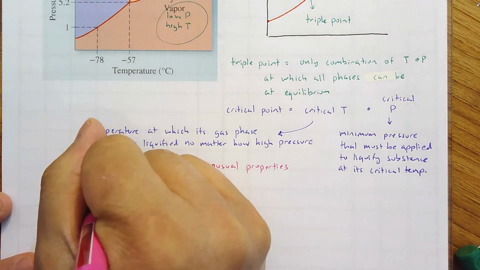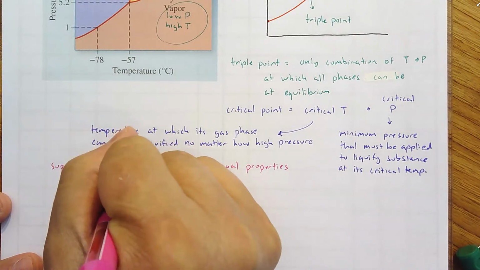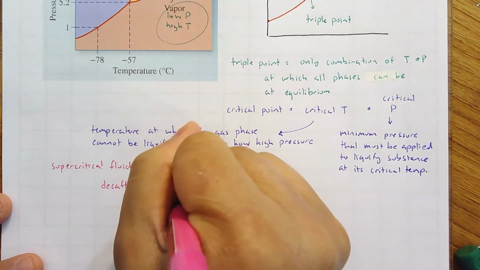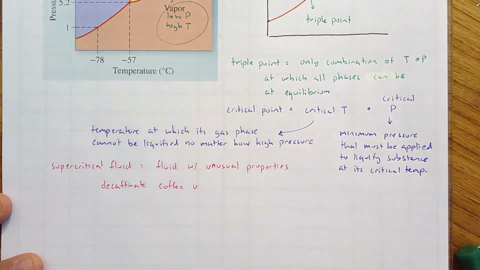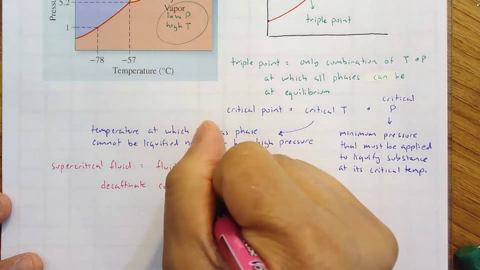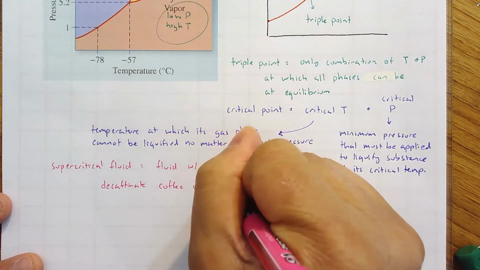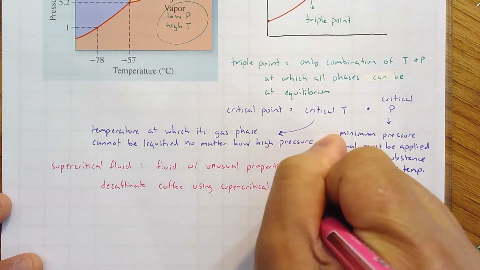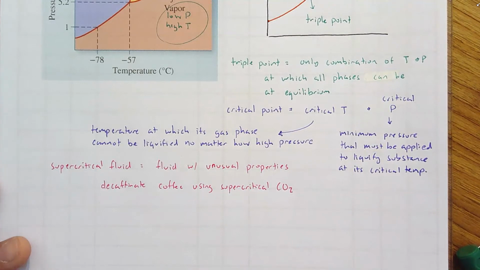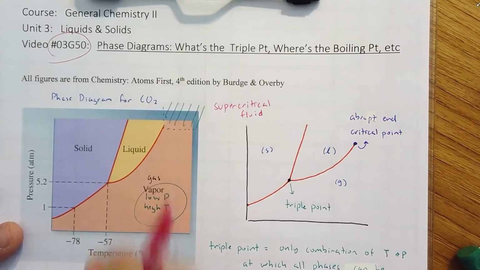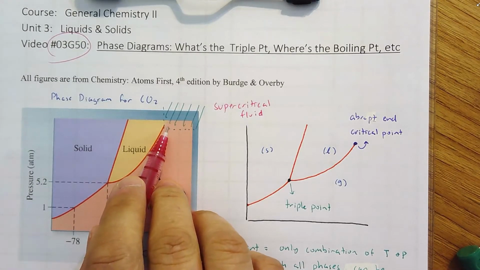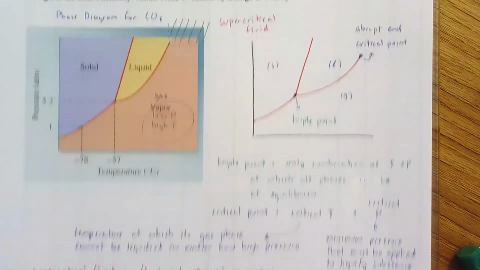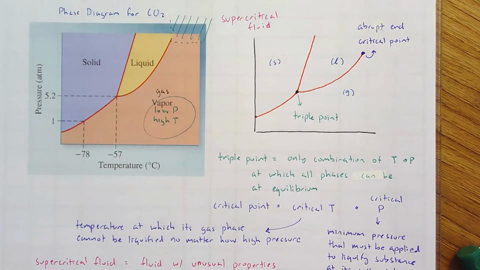Companies can decaffeinate coffee using supercritical CO2. What that means is that they have to get the temperature and the pressure high enough to be in this area right here, the supercritical fluid area, and that's the fluid they use to decaffeinate coffee.